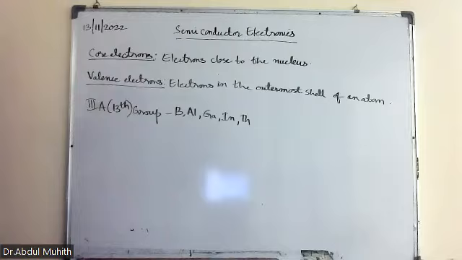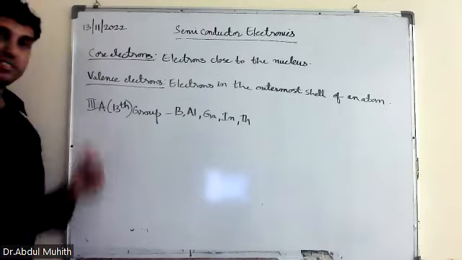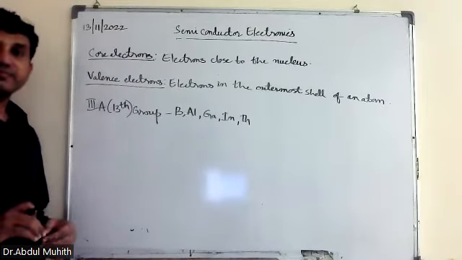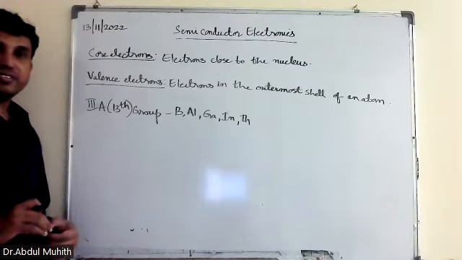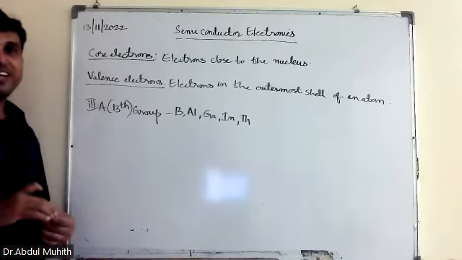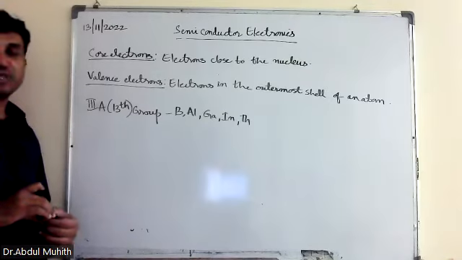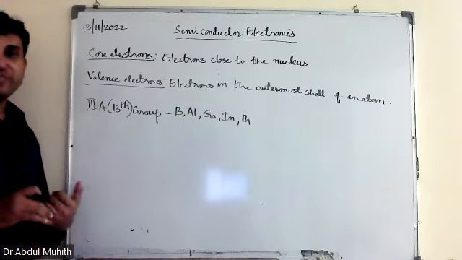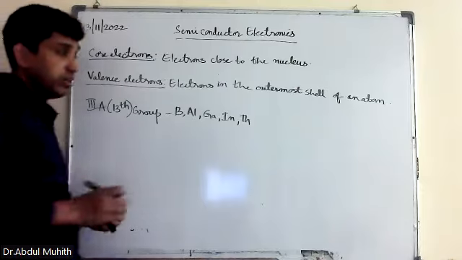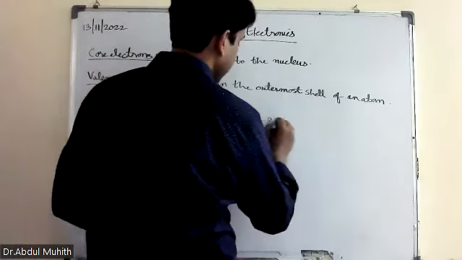You people are going to write the board exam now. Yes, 3 electrons. So in third A group elements, there are 3 electrons in the outermost shell.